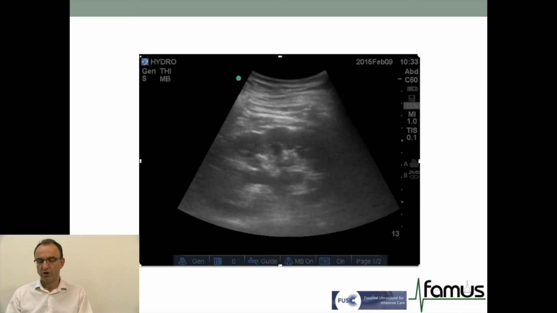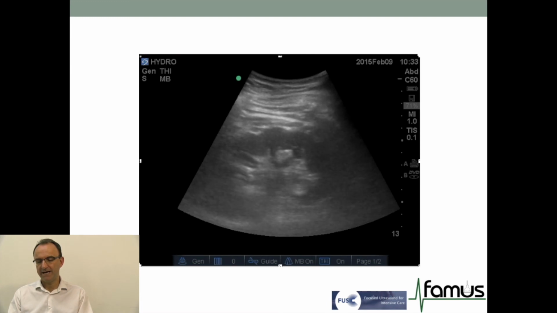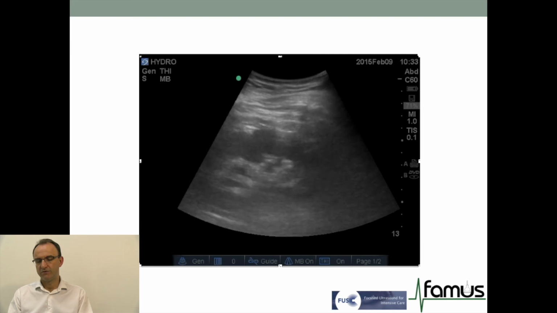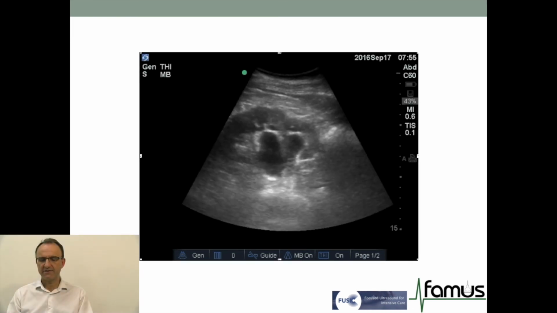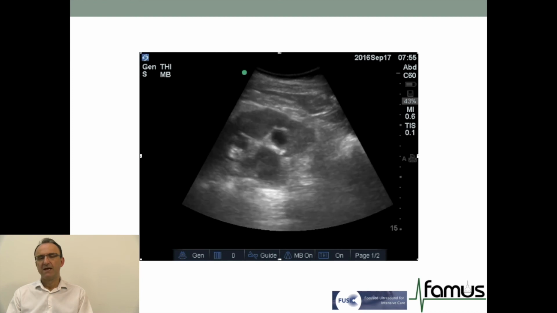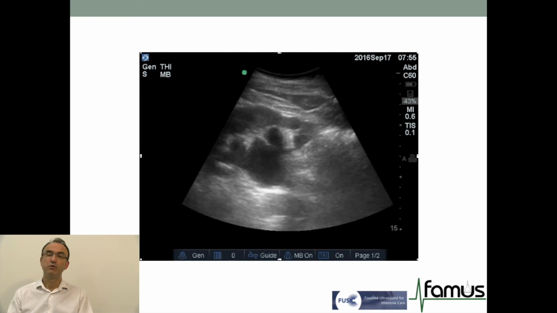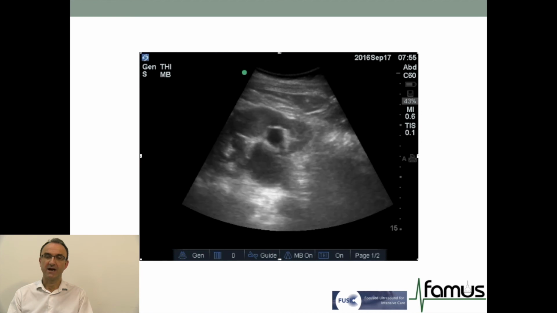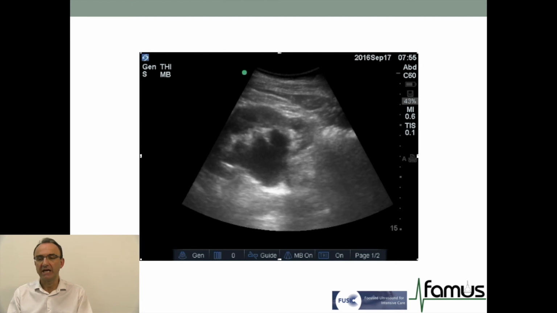Here is an example of a kidney that has a mildly dilated pelvis, but not real calyx dilatation. This is another example. In this case, it is clearly a higher degree of hydronephrosis where both the pelvis and the calyx are dilated and they form a unique cavity.